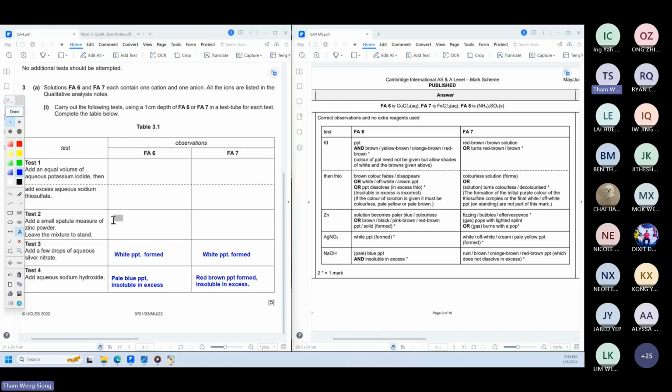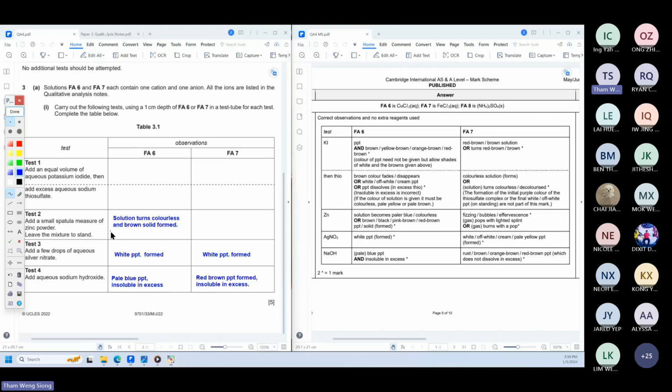This one is zinc spatula: solution turns colorless and brown or black solid forms. It is because your zinc is supposed to be gray in color, and suddenly becomes black. The black color is because what's happening here is metal displacement.